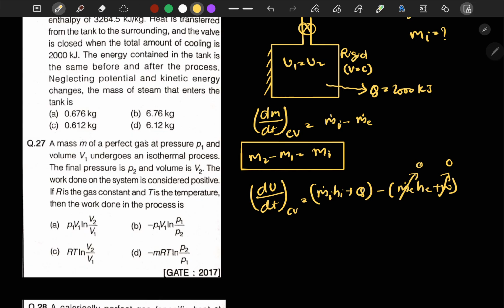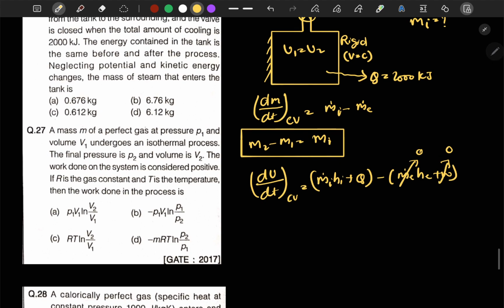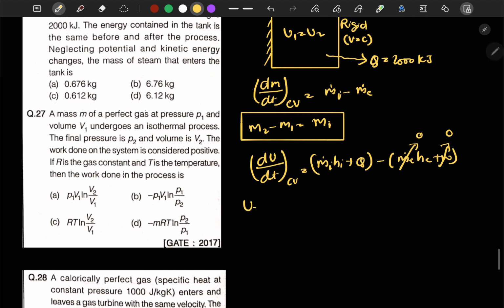No mass is exiting, so we will get U2 minus U1 is equal to, and this term should also be 0 because U1 is equal to U2. Since this term is 0, we can write Mi Hi is equal to minus Q, which is equal to 2000 kilojoule.